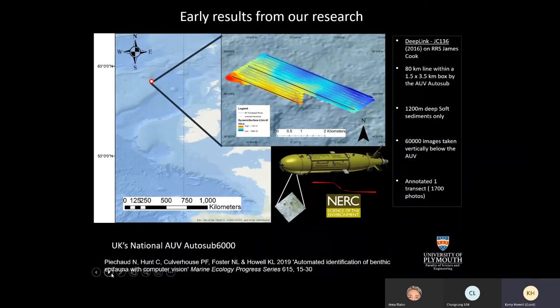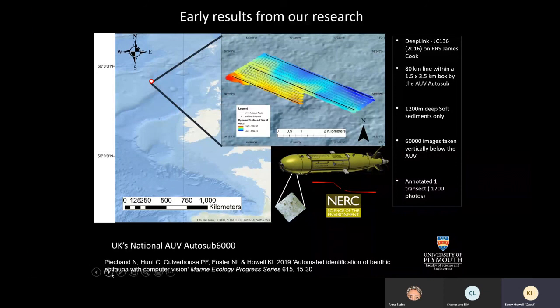So in my lab we have been looking into the use of these technologies in analysing imagery from the seafloor. I'm just going to show you some very brief results from a research project we've undertaken previously. This is actually published work, and you can see the reference there at the bottom of the screen. We were looking at a data set from the UK's National Autonomous Underwater Vehicle, AutoSub 6000.